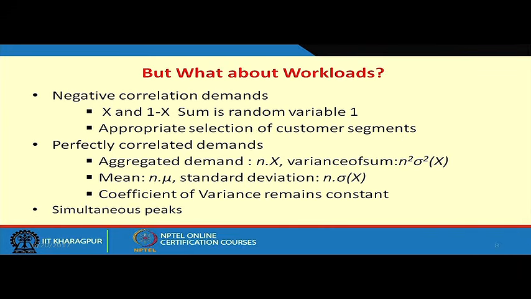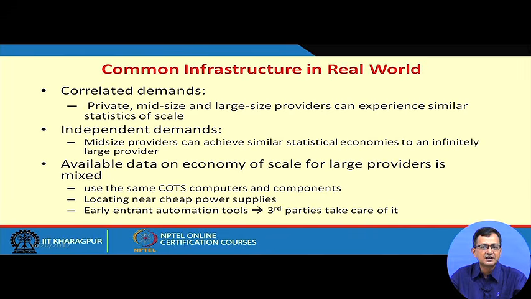A lot of vehicles, cycles and so on are in demand, because all classes end at the same time. So, the peak comes at the same time, and then we have a problem. So, with common infrastructure in the real world, with correlated demands, private, mid-size and large-size providers can experience similar statistical scales. So, it is a more or less correlated demand.